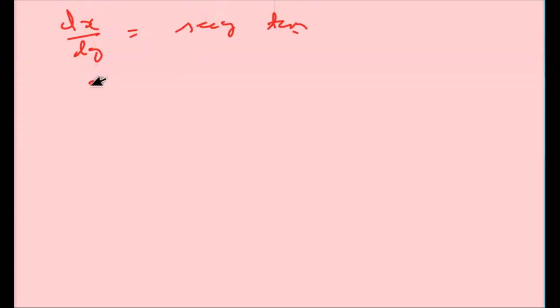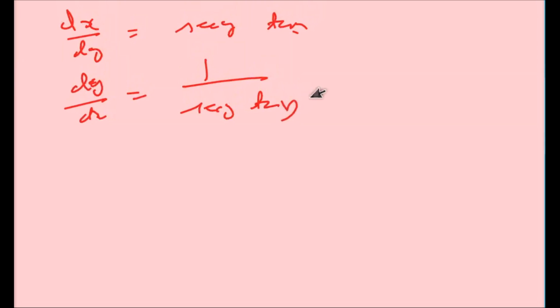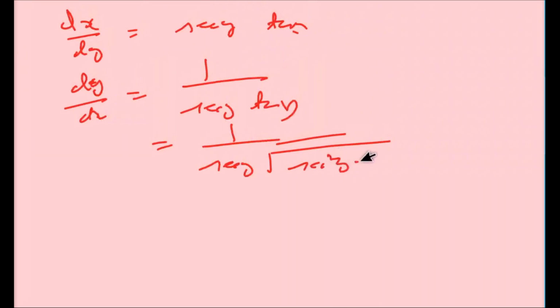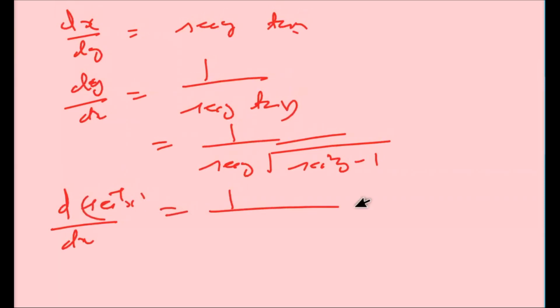So dy by dx equal to 1 upon sec y tan y. Okay, we can write here sec y under root sec square y minus 1. So the differential of sec inverse x equal to 1 upon x under root x square minus 1, since sec y is x.